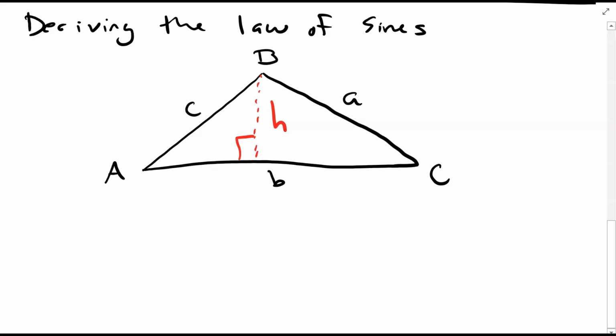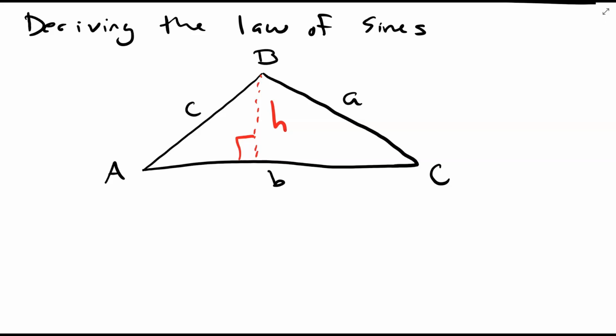Remember, an altitude from geometry is a segment that goes from a vertex of a triangle to a side, and it intersects that side at a right angle. If it's an obtuse triangle, you might have to extend the side to draw in the altitude, but that's basically what's going on.